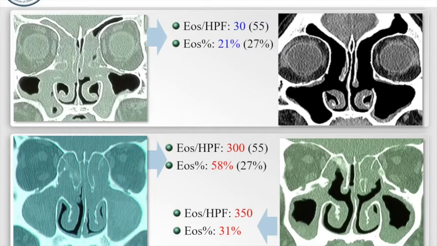The lower case with recurrence shows a tissue eosinophil number of 300 and a high percentage of 58%, both higher than the cutoff values respectively. Actually, we had to do revision surgery on this patient. The biopsy shows again high values of the two tissue eosinophil biomarkers, indicating a high chance of recurrence later. This study was published in 2015 in the American Journal of Rhinology and Allergy.